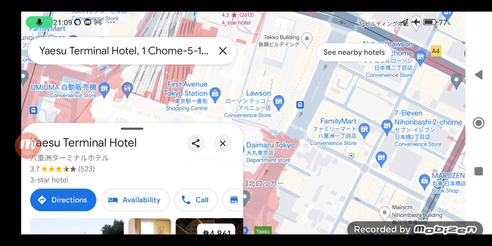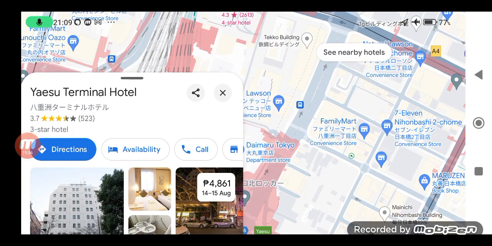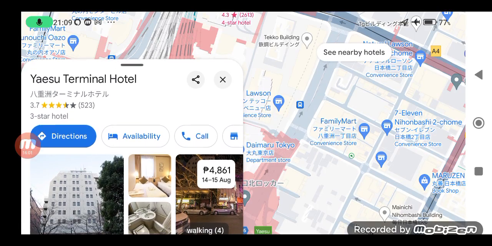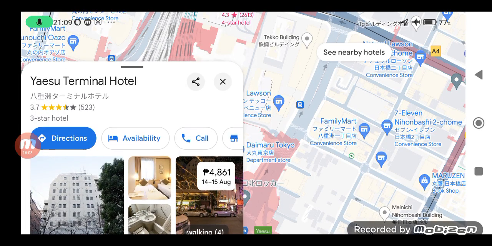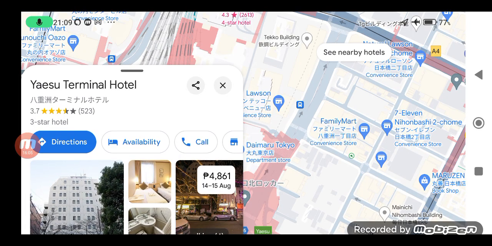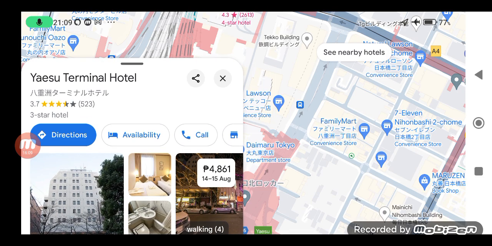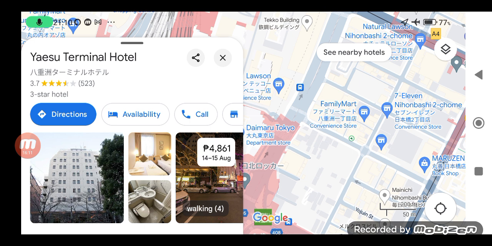In the word yaesu, the first kanji is the hachi. The second kanji is the kanji for stress or weight or importance, and the third kanji, su or show or zoo, is the kanji meaning an island.